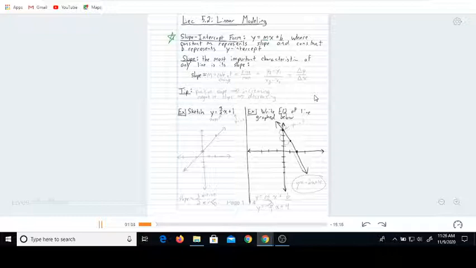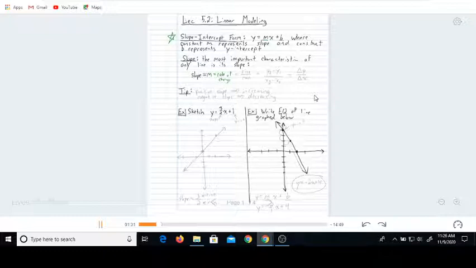So these constants m and b represent important characteristics of a line. M represents the slope, which is the line's rate of change, and b represents the y-intercept. So slope is the most important characteristic of any line, and slope, which we represent with the letter m, is the line's rate of change, essentially.